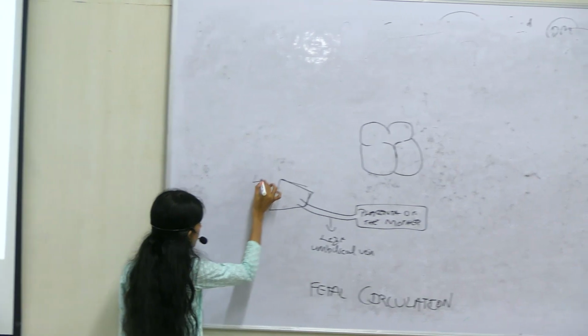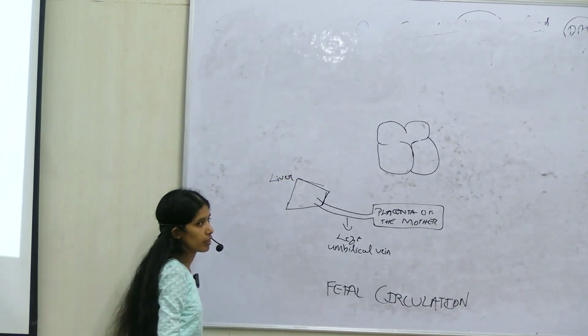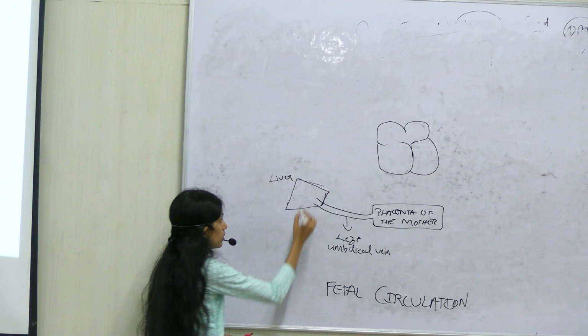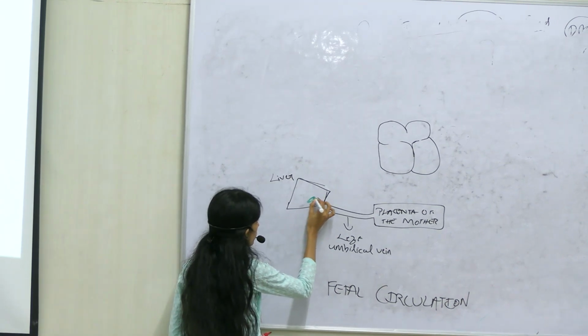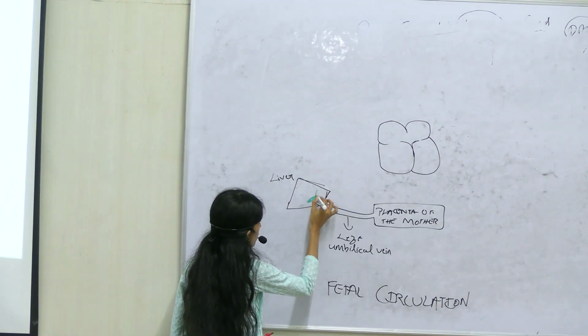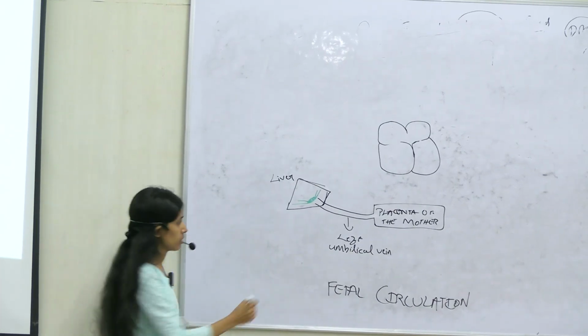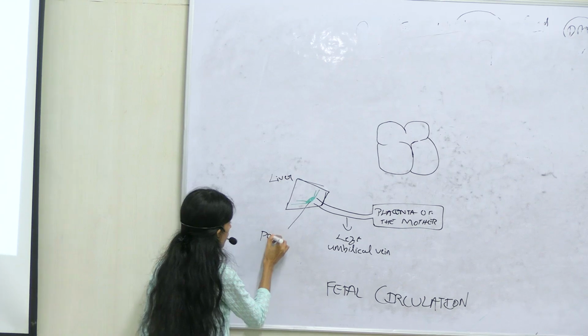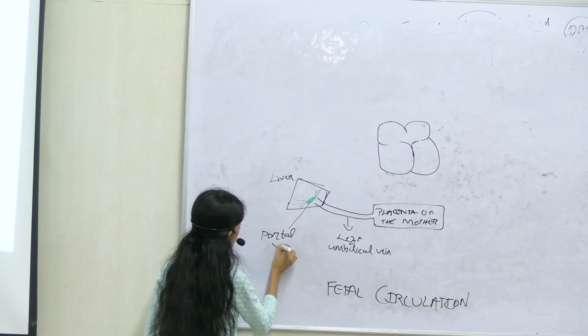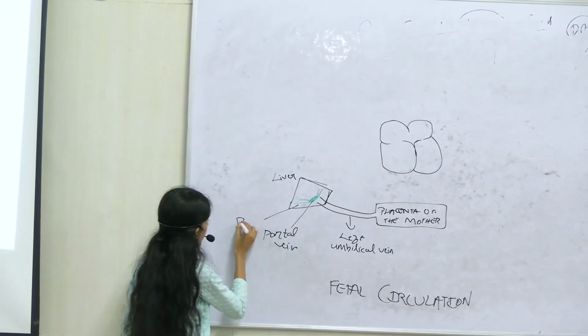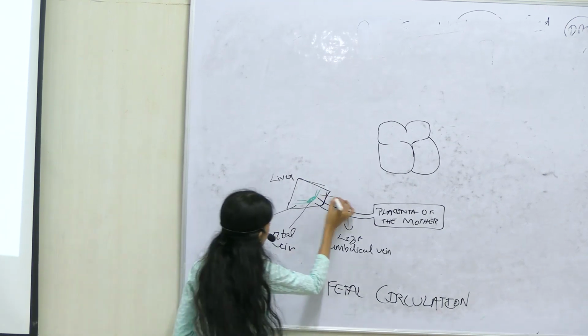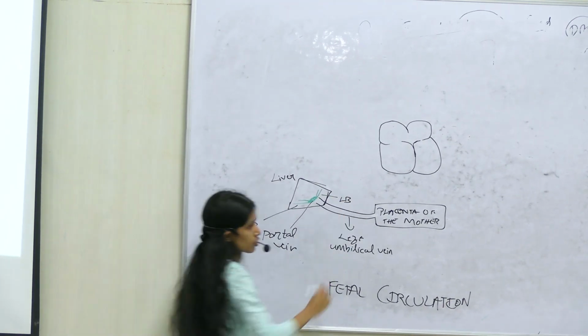It enters the liver. In the liver we have the portal vein. It has a left branch and a right branch. This is your portal vein. It has a right branch and a left branch.